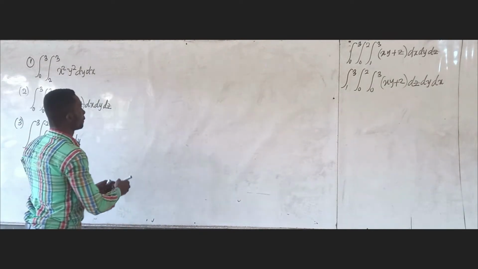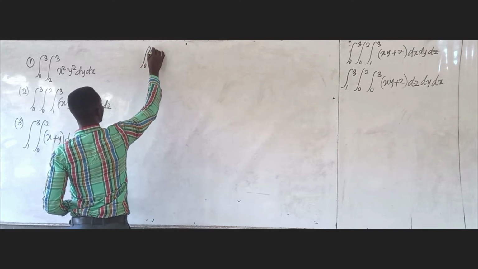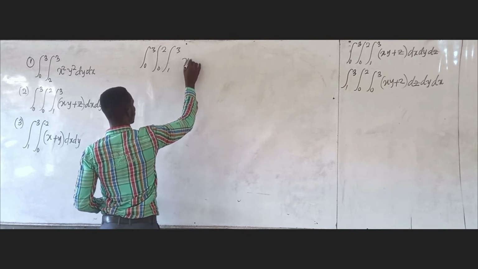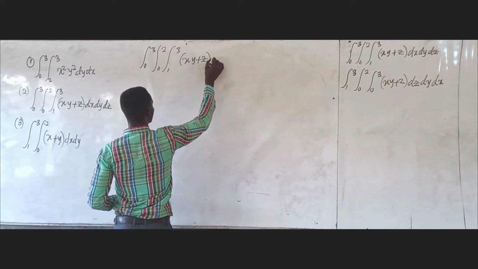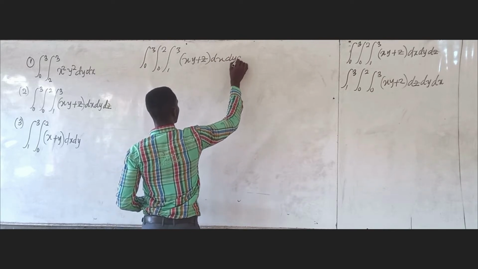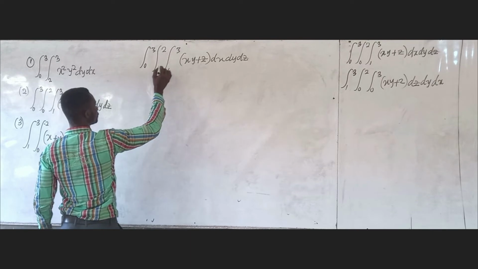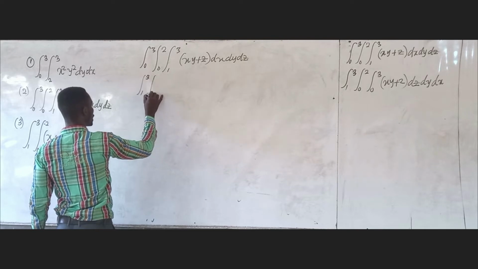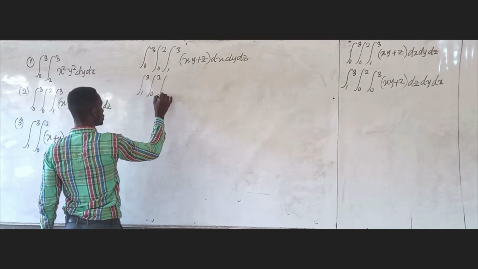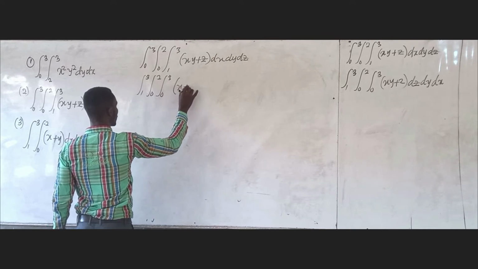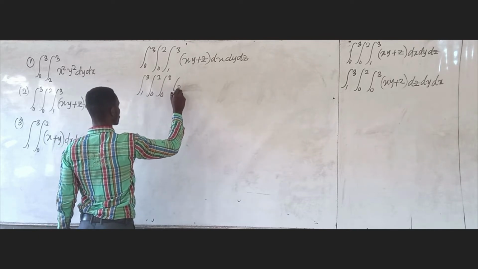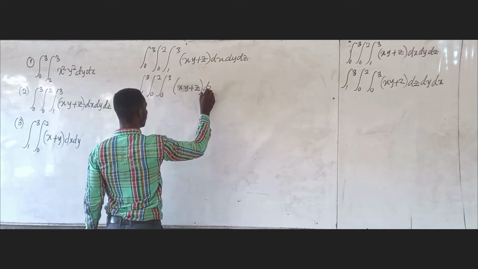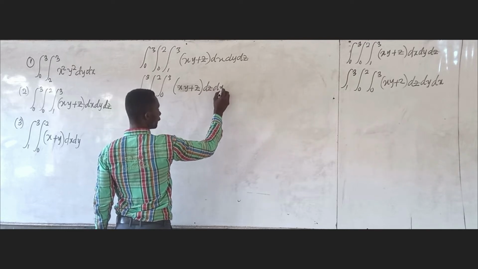So this integral 0 to 3, integral 0 to 2, integral 1 to 3 of xy plus z, dx, dy, dz, I've rearranged to get the integral 1 to 3, integral 0 to 2, integral 0 to 3 of xy plus z, dz, dy, dx.